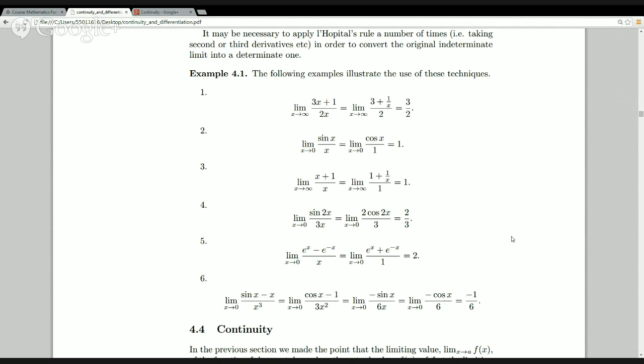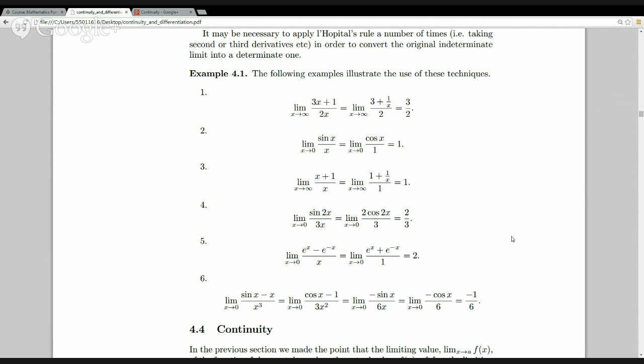The first one is the limit as x tends to infinity of (3x plus 1) over 2x. So what's going on there? Well, again, you can't just simply evaluate the limit of the top part and the limit of the bottom part, because they both tend to infinity as x tends to infinity. So as I've said, infinity over infinity doesn't refer to any kind of quantity, it could be anything.